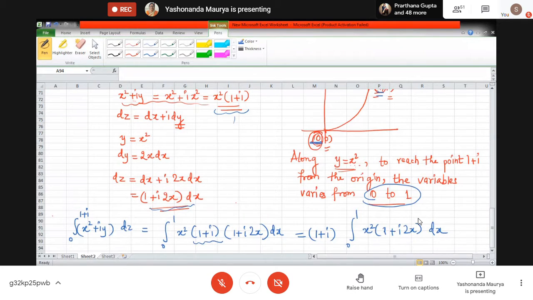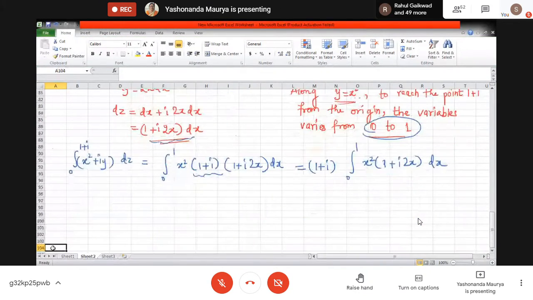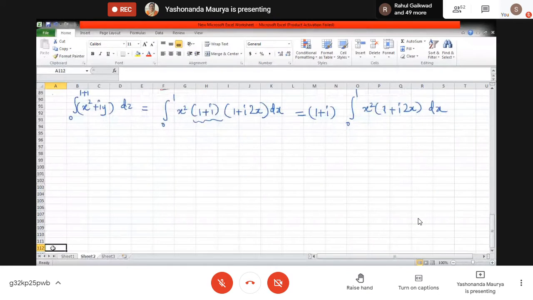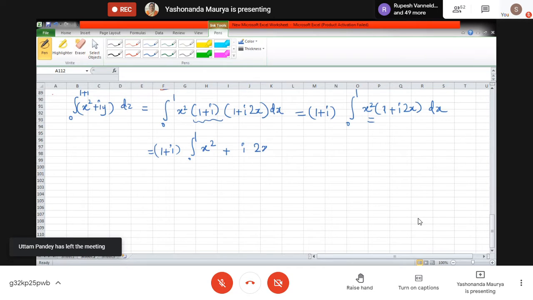How do I simplify this one? How do we simplify this expression now? It is pretty simple. Integral 0 to 1, let us multiply the x squared term inside. So plus I times 2x cubed dx.